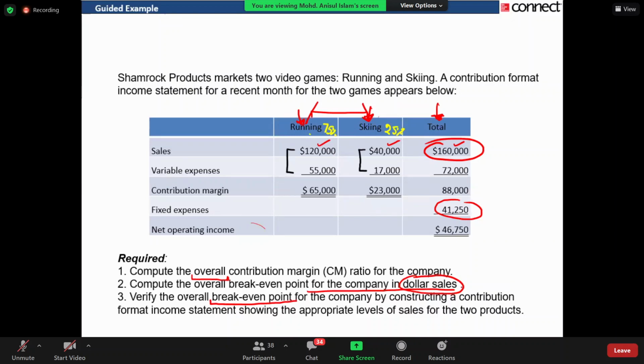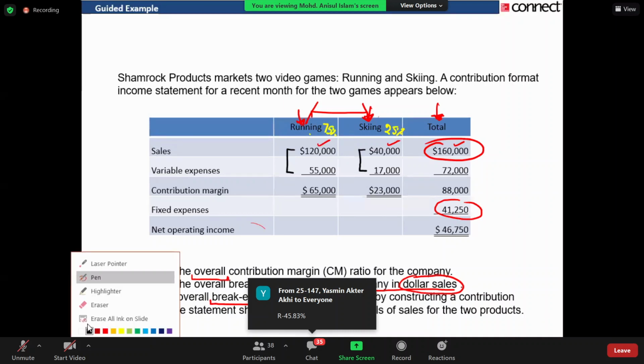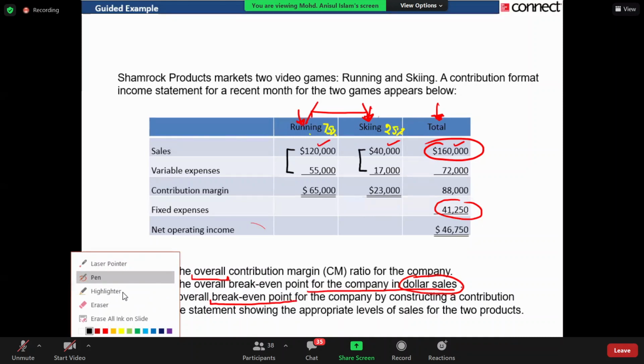You probably can recall we talked about the variable expense ratio. The responses are coming. I'll take your responses, but I'm waiting for some.